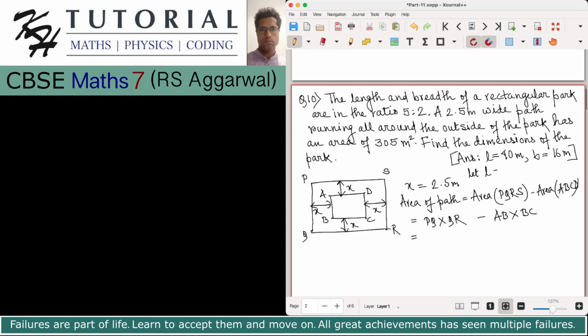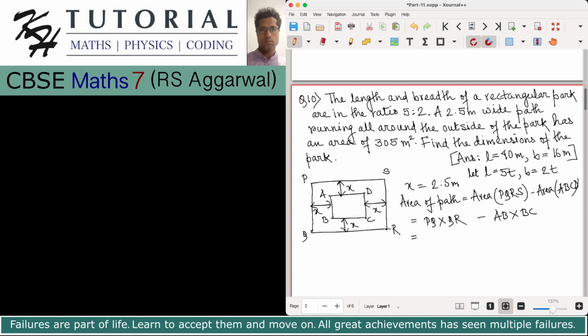So let length be 5x, not 5x. I cannot use 5x because I have already used x in the diagram. I can use any other variable name. Let's say this be 5t, and breadth be 2t. This is based on the ratio given. It is given that the length and breadth of the rectangular park are in the ratio 5:2. So I can assume length to be 5t and breadth to be 2t.